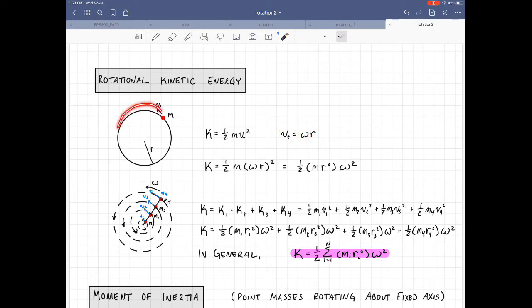If this object is traveling around the circle, we can describe that with an angular speed. So I'm going to substitute the translational speed with the angular speed multiplied by the radius. That's the size of the circular motion. So I'm going to swap this in here.